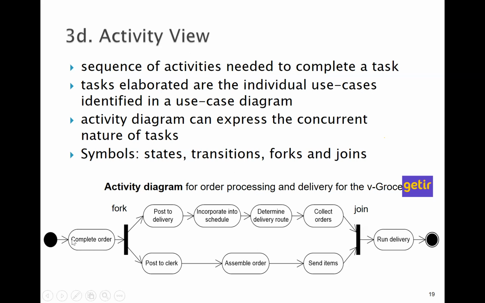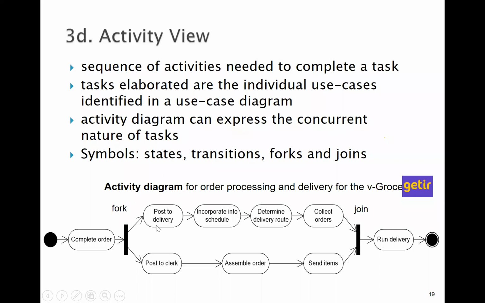We initiate the order. We have a fork here. There are two channels, two things that should be implemented concurrently. One is simply scheduling of the order. The other one is implementing this order or completing this order.